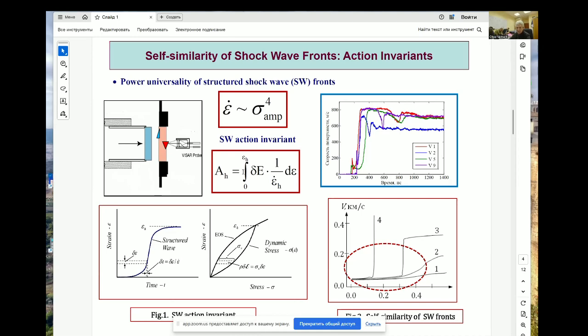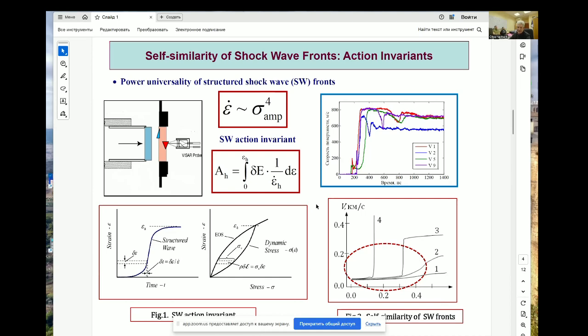It's very important that this is namely an invariant because if, for instance, you have loading of the sample with characteristic strain rate in shock, in this case we have several, for instance, particle velocities that could be reduced to some single one in some dimensionless coordinates. And this self-similarity exactly corresponds to this universality of the fourth-power law.